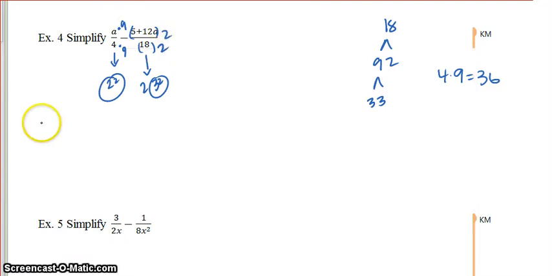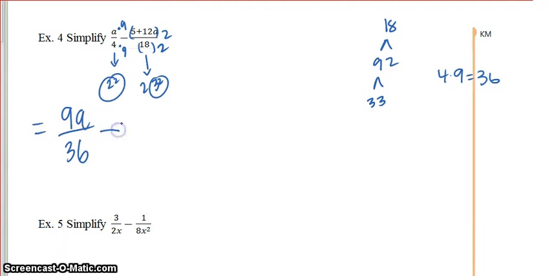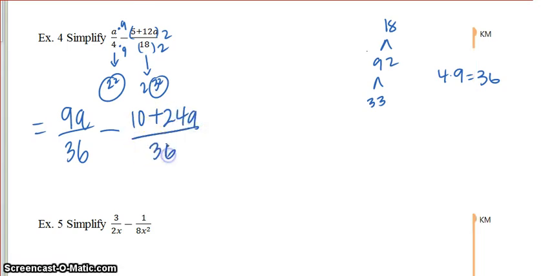So now I'm going to rewrite the problem over here. So I'm multiplying the first fraction by 9 over 9. So I have 9a over 36. That's an a. Minus, and I have to distribute the 2, 10 plus 24a over 36. Now remember, we have that negative right here because it's subtraction, so I'm really going to write this as a positive, and this is going to be distributed as a negative.